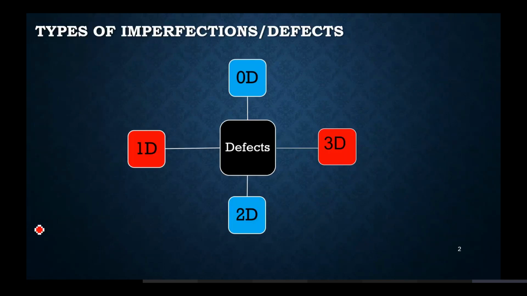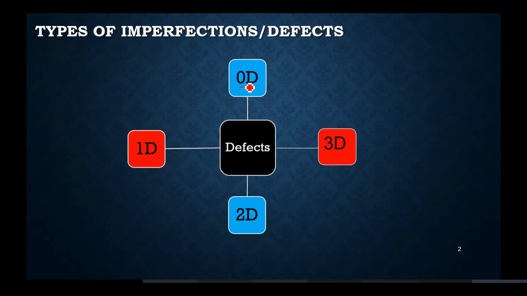In the last class we identified that defects are essentially the imperfections that disrupt the perfect crystalline order. And we mentioned that there are defects which are characterized by the dimensions in which they exist.